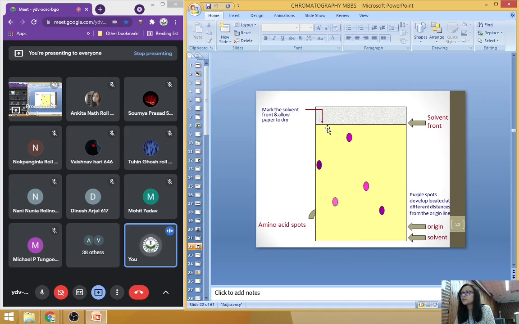So the retention factor will be the distance traveled by this component divided by the solvent front. It will be different for these different samples. So by knowing that retention factor, we will be able to identify the amino acids.